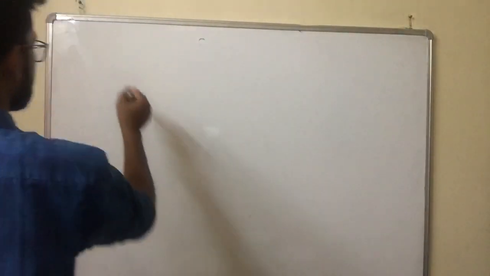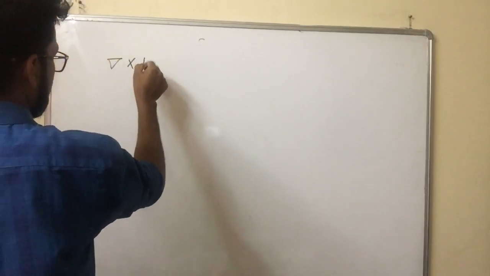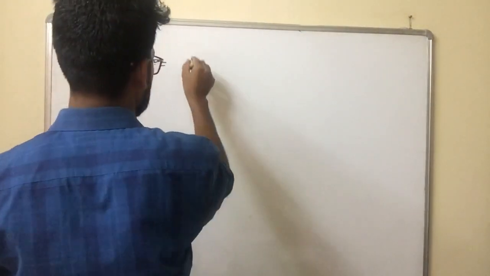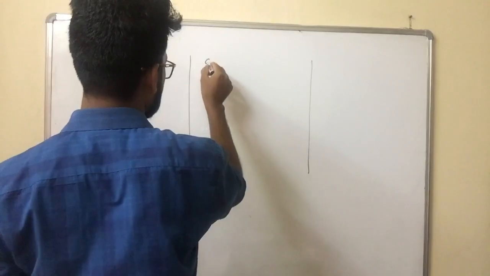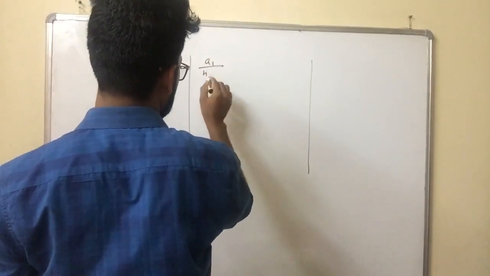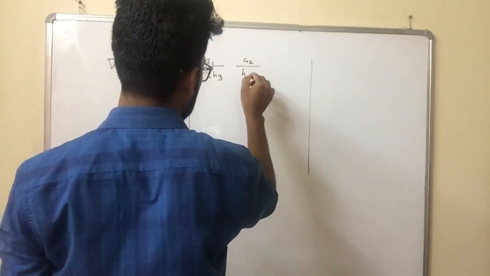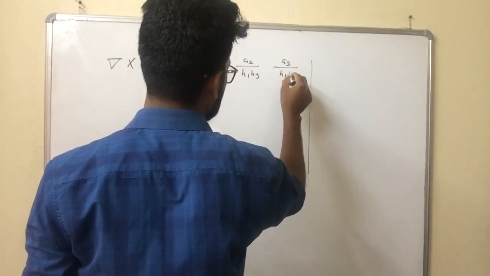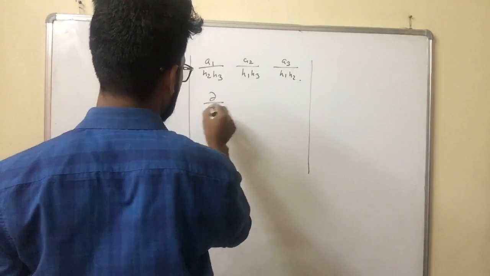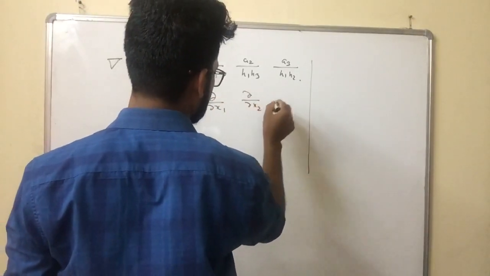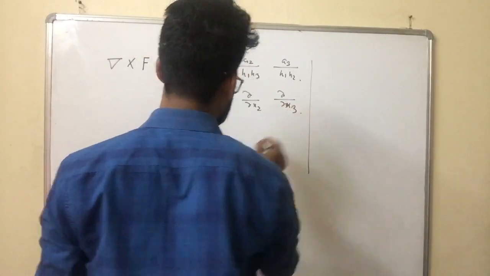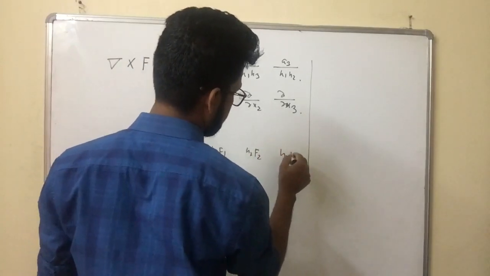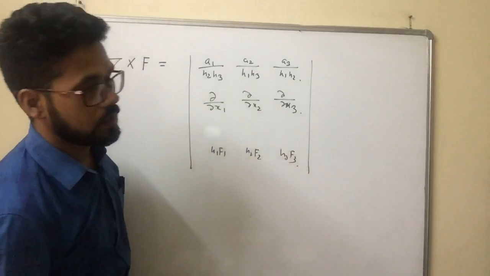The general formula of curl of F: it will come in terms of a matrix, with A1, H1, H2, H3, A2, A3, then del by del x1, del by del x2, del by del x3, and then H1 F1, H2 F2, H3 F3. This is the general formula for a curl.